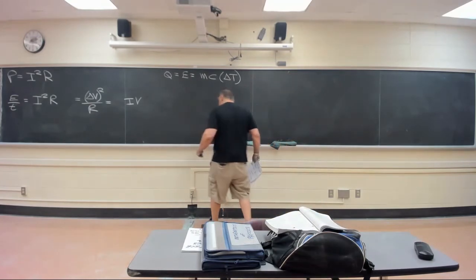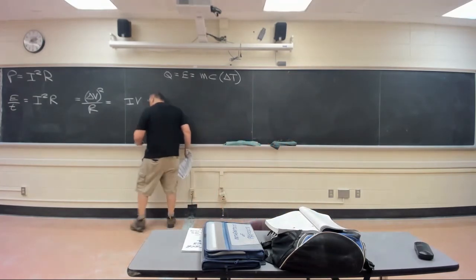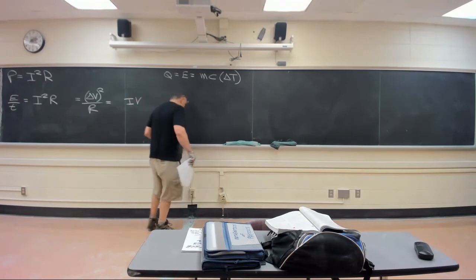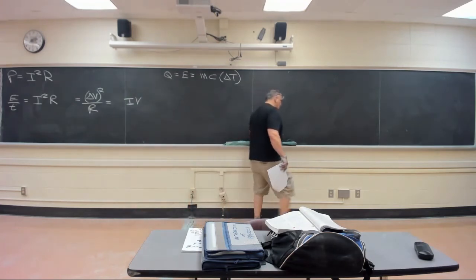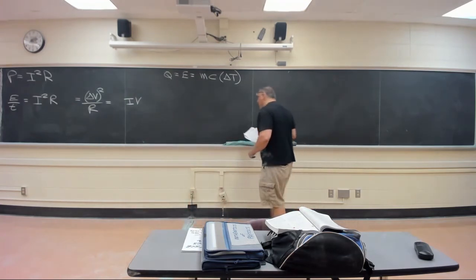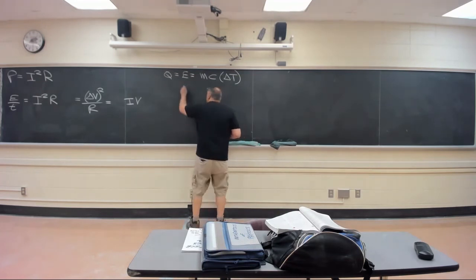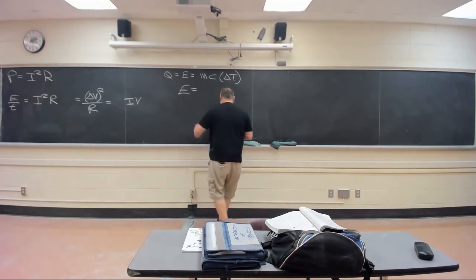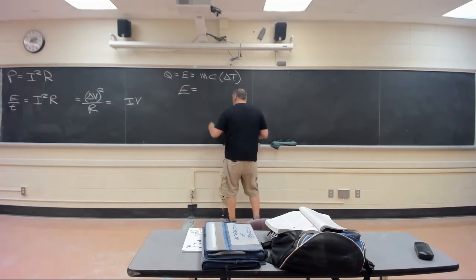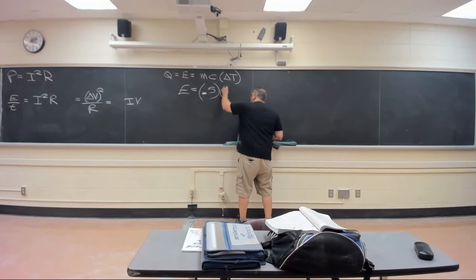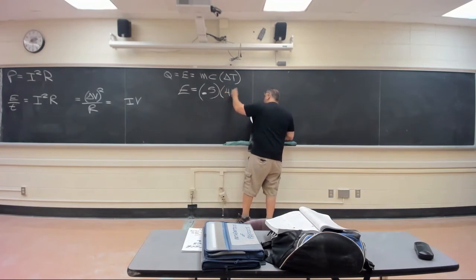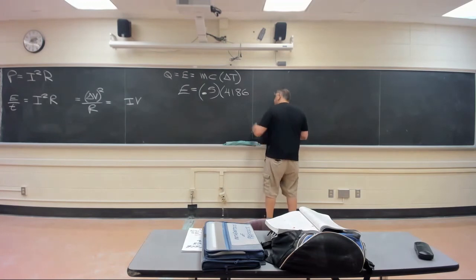So you have this. 0.5 kilograms. Specific heat capacity is 4,186 joules per kilogram.